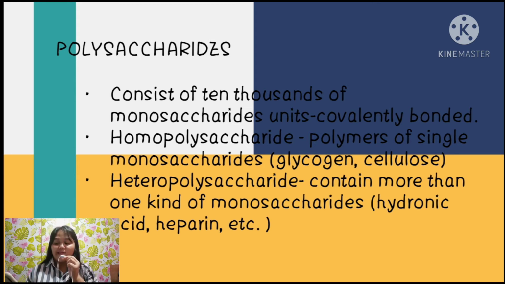The first is the homopolysaccharide, a polymer of a single monosaccharide. Examples are glycogen and cellulose. Meanwhile, the second is the heteropolysaccharide, which contains more than one kind of monosaccharide. Examples are hyaluronic acid, heparin, and so on.